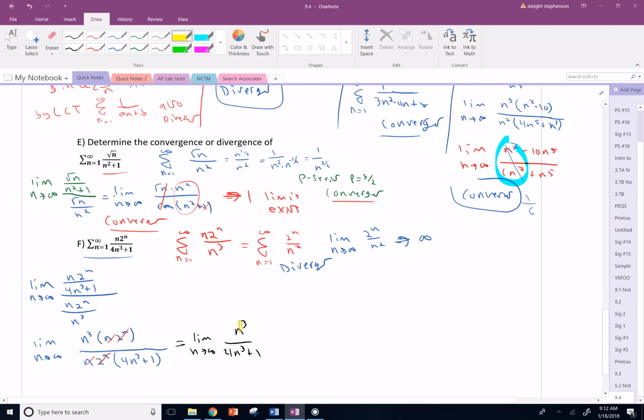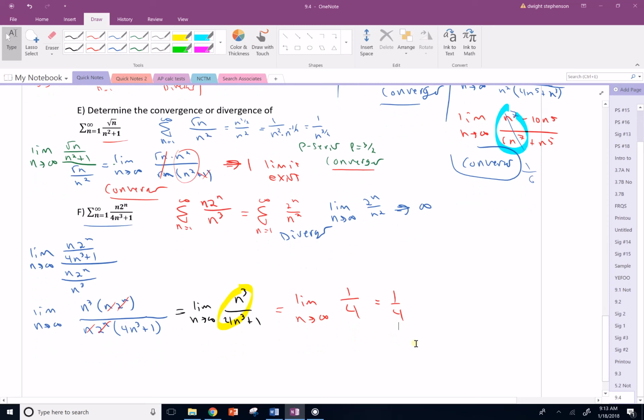We can use an n behavior model and just say, well, everything else is going to be insignificant except for those two. So it's basically the same as limit as n goes to infinity of 1 over 4, which is 1/4. Since the limit exists and this series diverges, so does this one, right? So the series also diverges.